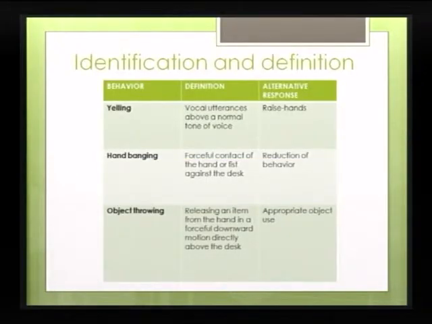First of all, as I told you before, you need to identify target behaviors. So this means to define specific behaviors, define these behaviors in detail. For instance, yelling could be defined as vocal utterances above a normal tone of voice, and choose also a possible alternate response.